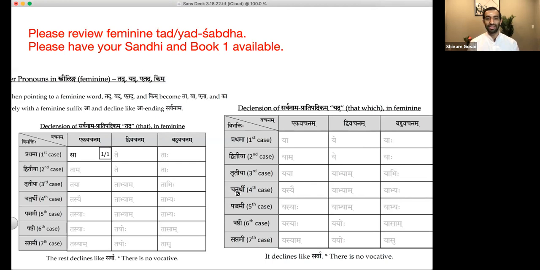Yam, Ye, Yaha. Yaya, Yabhyam, Yabhihi. 4-1: Yasyai, Yabhyam, Yabhyah.